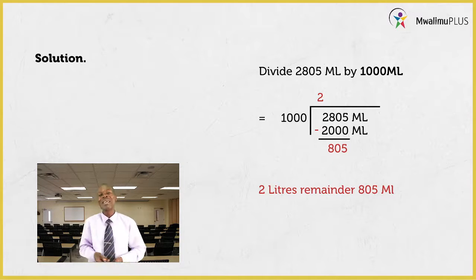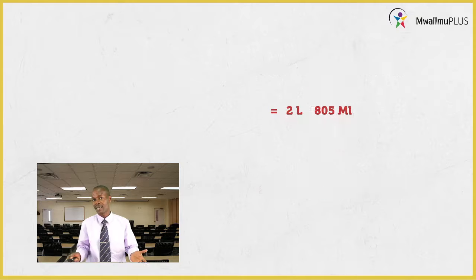So what do we have? We have 2 complete liters from the 2,000 ml, and the remaining 805 will be called our milliliters. And the answer is 2 liters, 805 ml.